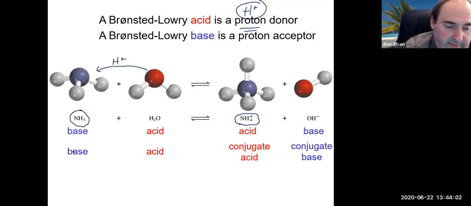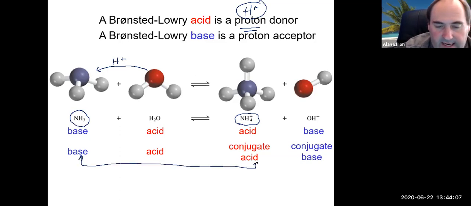So with the NH3 being the base over here, it is related to the other side, which is known as the conjugate acid. And when water donates that H plus, it's going to become OH minus as it loses that H plus.